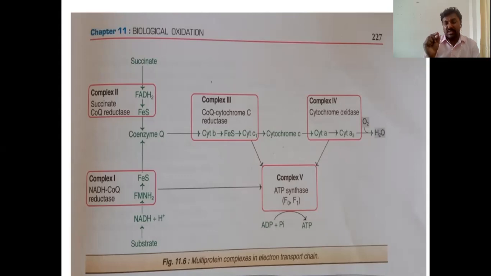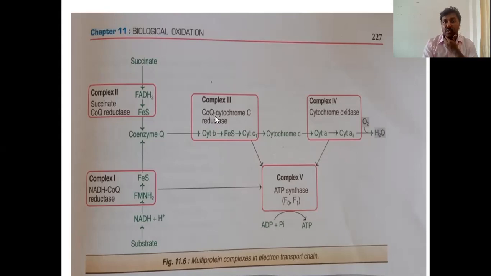When the substrate loses electrons, we call it oxidation. When the substrate takes up or gains electrons, we call it reduction. This coenzyme Q transfers the electrons to cytochrome B. So here complex 3 starts. This complex 3 transfers the electrons from coenzyme Q to cytochrome C.